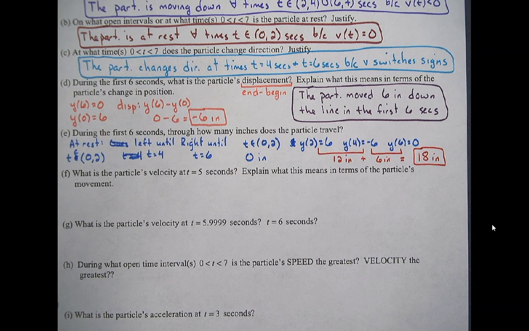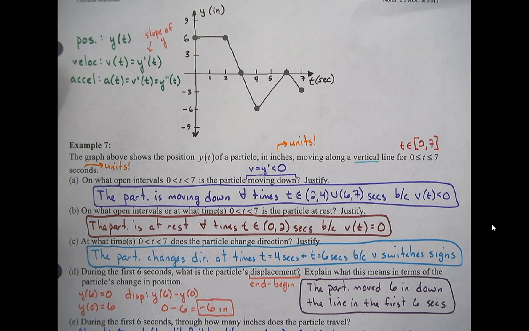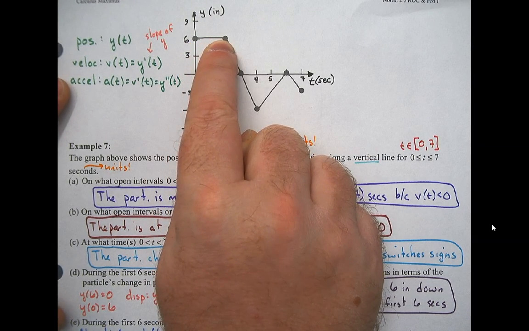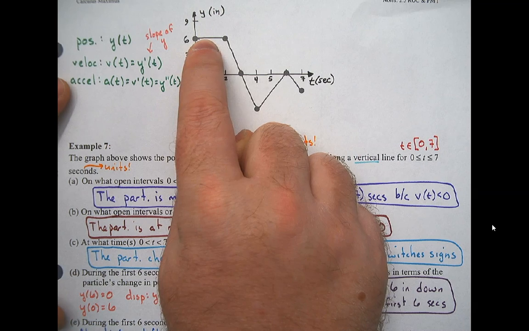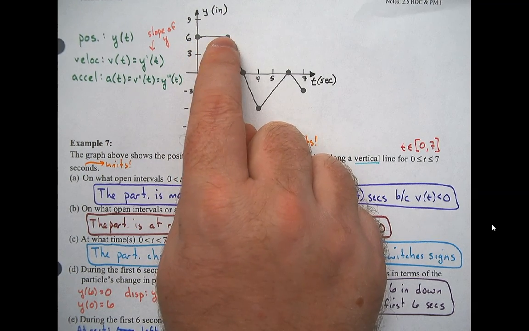So let's just pause and go back and make sure this makes sense. What I did here was I said I had to look at the picture. How far does my particle travel? I've got to figure out all the spots where it starts moving, when it changes direction, and when it stops. My particle doesn't even start moving until 2 seconds because its position is at 6. How far did my particle travel from 0 to 2 seconds? Nowhere.